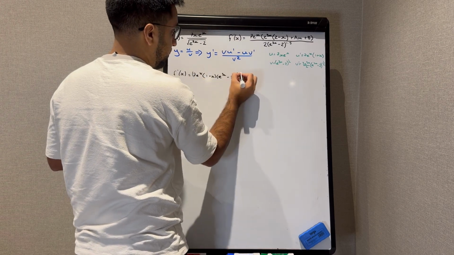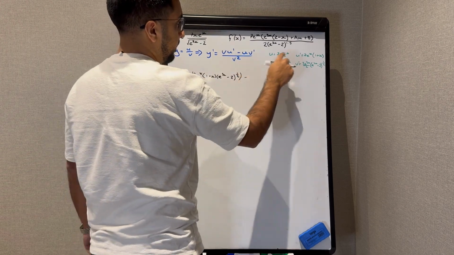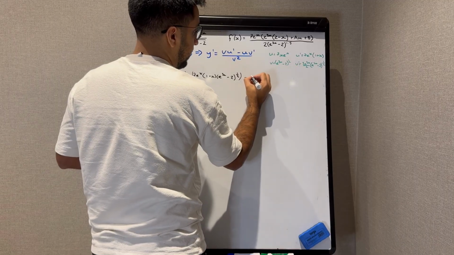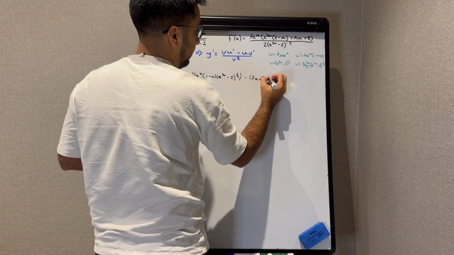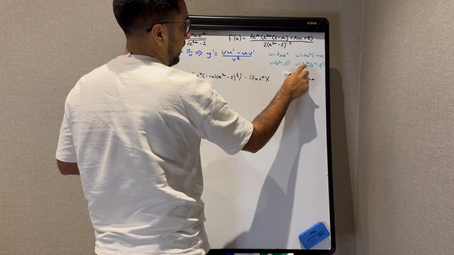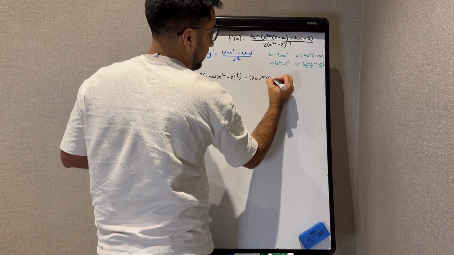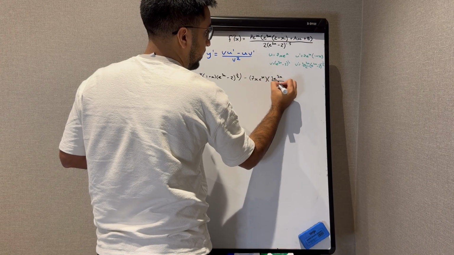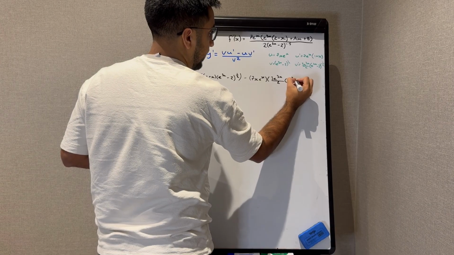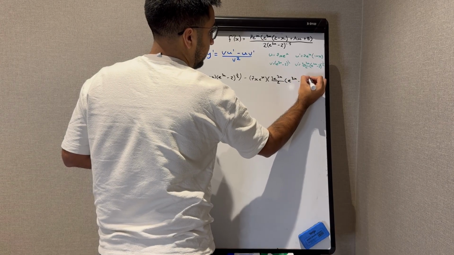Subtract, I'm going to put this all in brackets, u dv dx. So that's going to be 7x e to the x multiplied by 3e to the 3x all over 2 e to the 3x minus 2 to the minus a half.